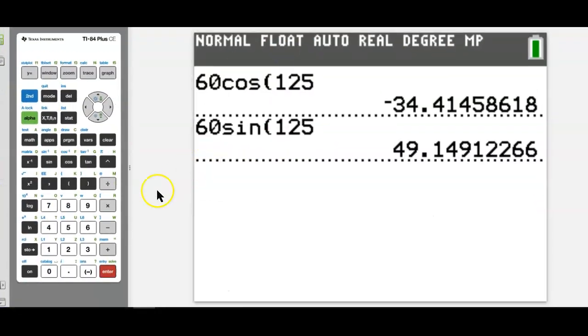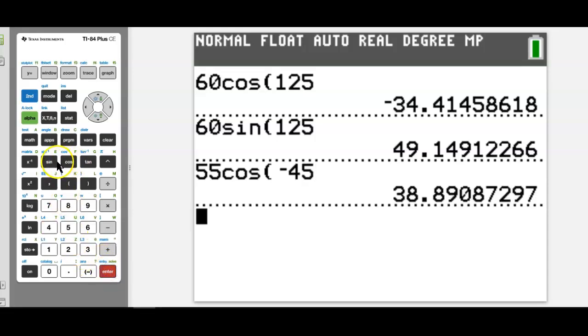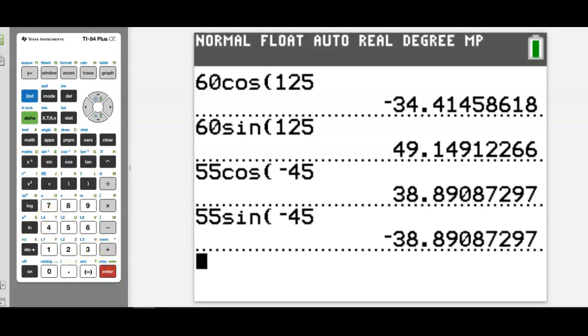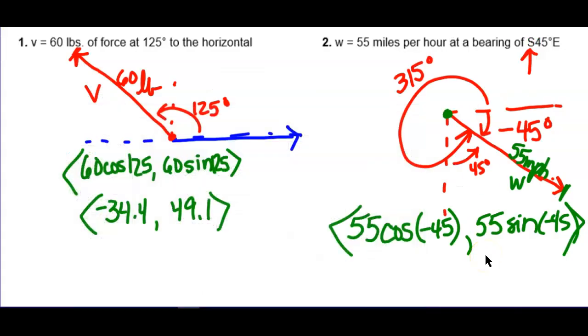I already forgot. 55 cosine 45, negative 45. If you don't remember the negative, it won't turn out negative for the sine here. And it's going down, so we want it to be negative. All right, so 38.9 to the right, and then negative 38.9 down.